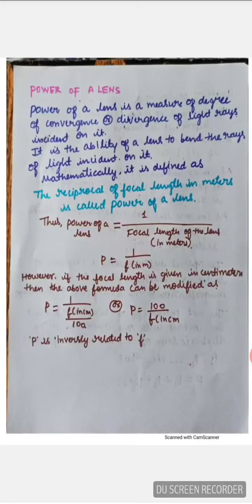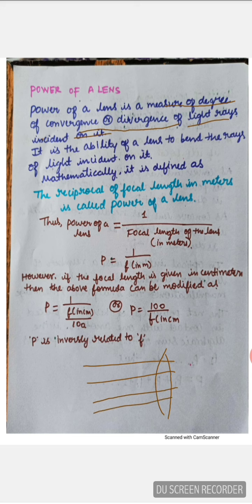So what is power of lens? Power of lens is the measure of degree of convergence or divergence of light rays incident on it. Okay, so if this is a lens, and the rays are coming from some point, at what point it converges or at what point it diverges.